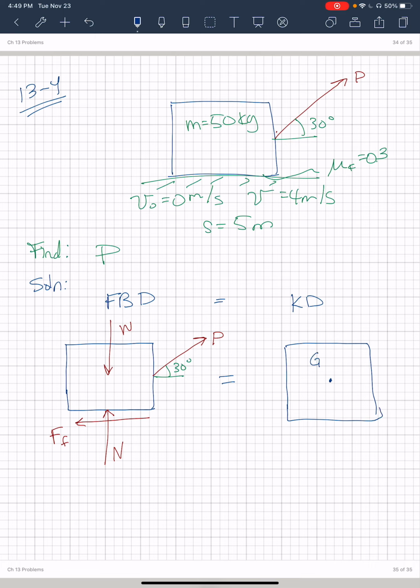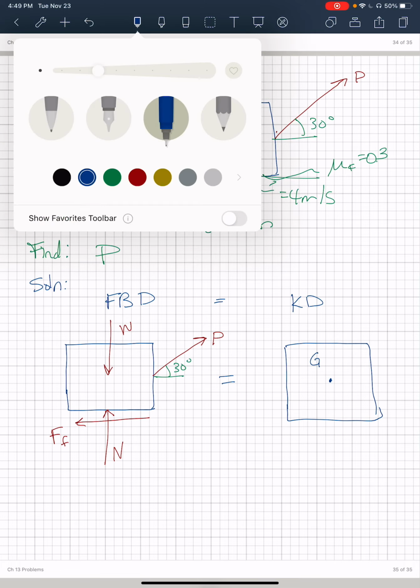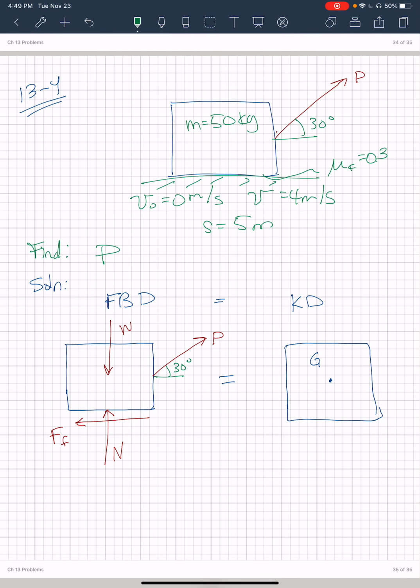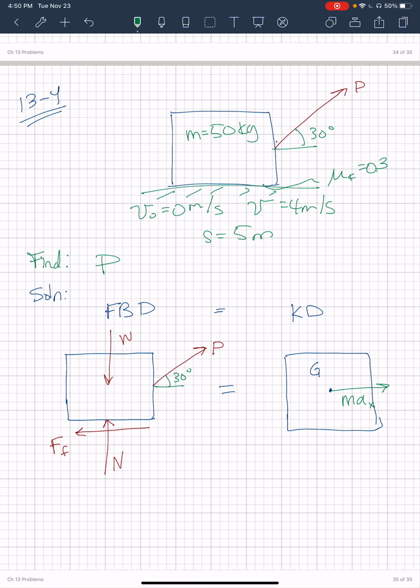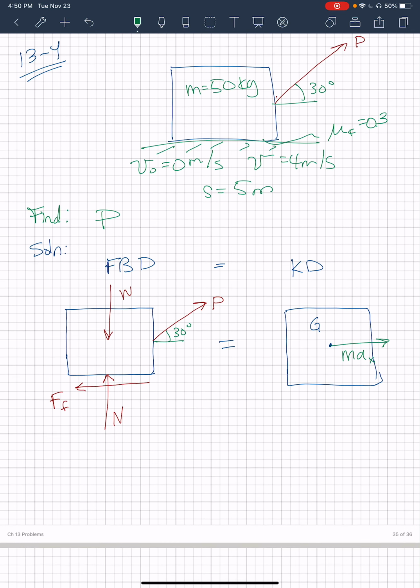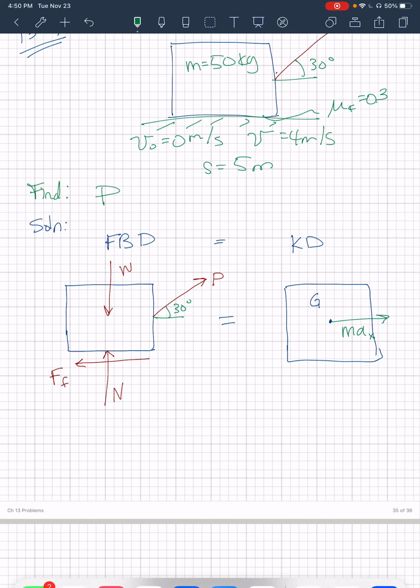We have our G. And then we have our m times a_x. So we can sum the forces in the x direction equals m a_x. I'm just looking at that figure to do this. So we have negative force of friction. I should have labeled x and y just to indicate which is which.